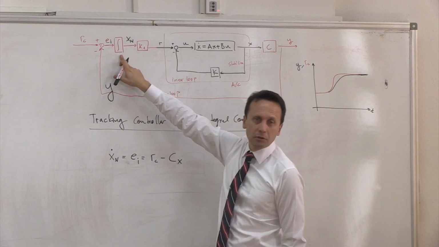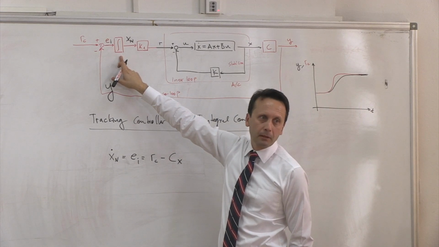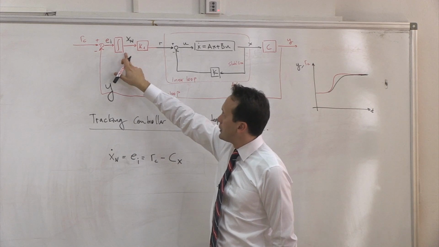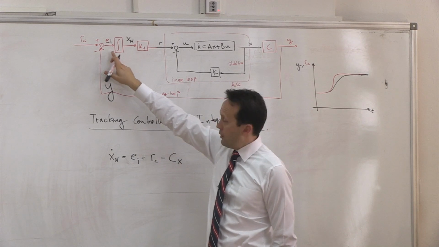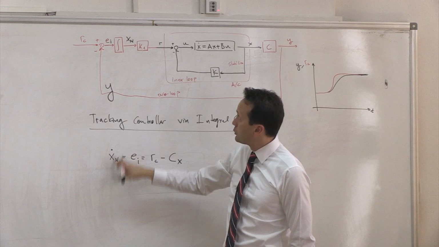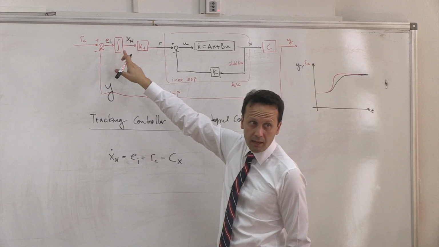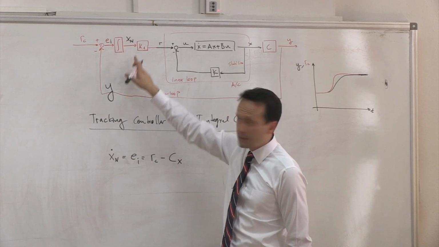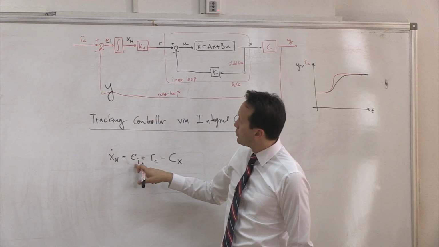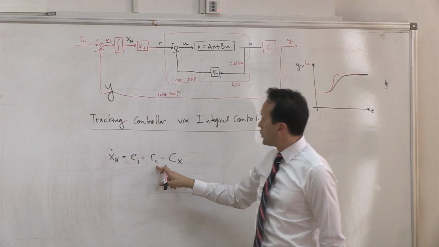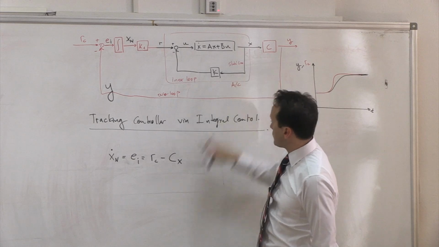That's why I have this integral sign here. Okay, so xn is the integral of EI. Therefore, xn dot would be equal to EI, right? So if I take the integral of xn dot, it will be xn. And this is equal to EI, and EI is RC minus C times x, which is equal to y.